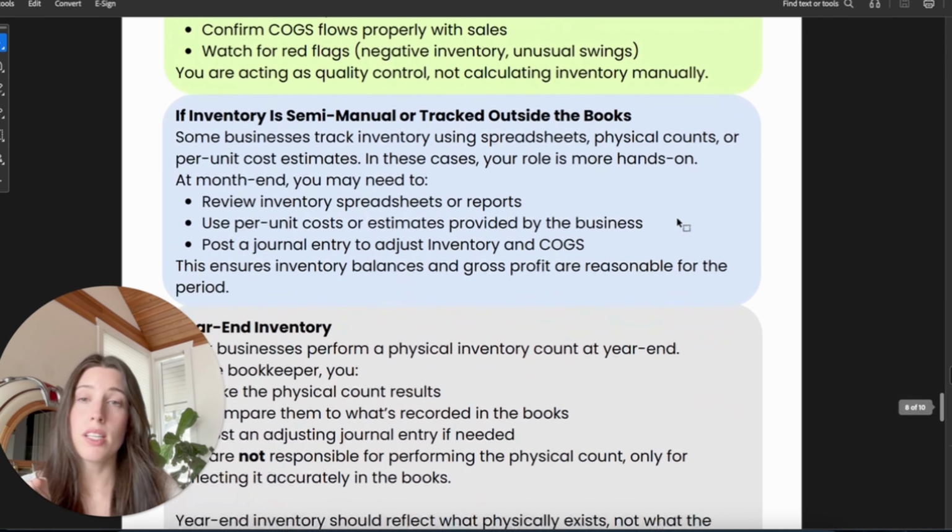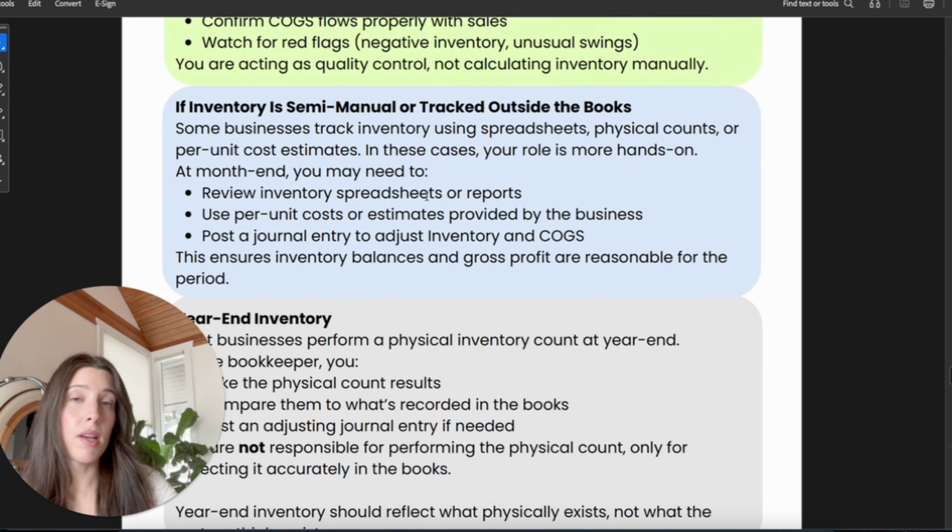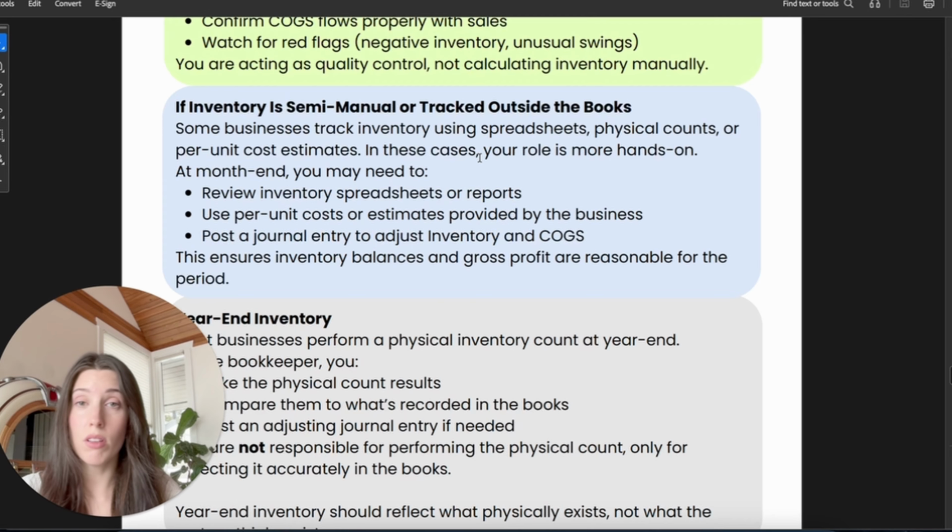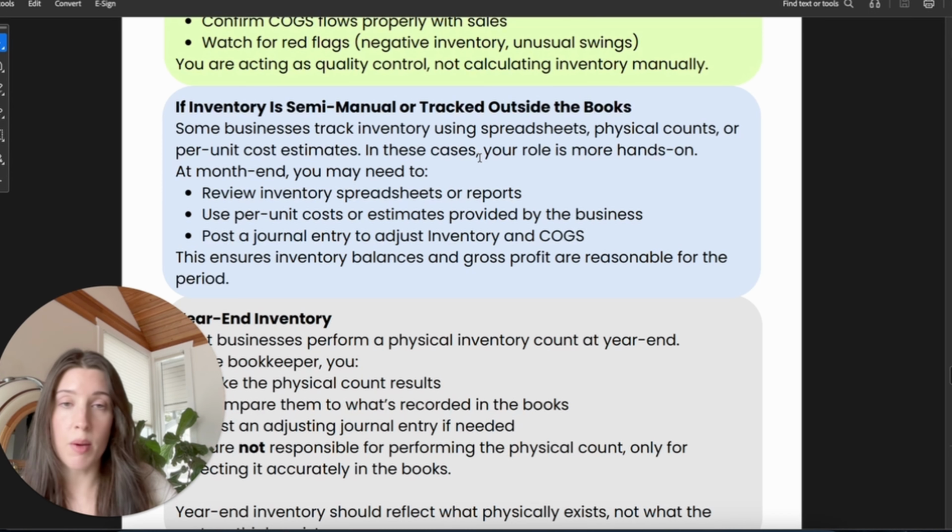Now, if the inventory system is only semi-automated or more manual, you'll have a little bit more work to do. At month end, or however frequently you would like to do this, you might need to review the system that inventory is being tracked in, whether that's a spreadsheet, software, or any type of report.